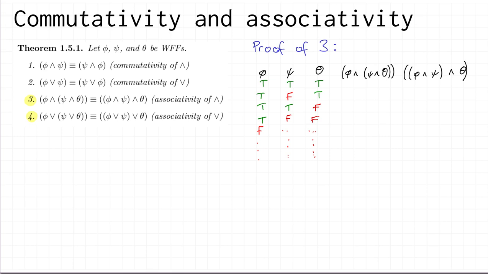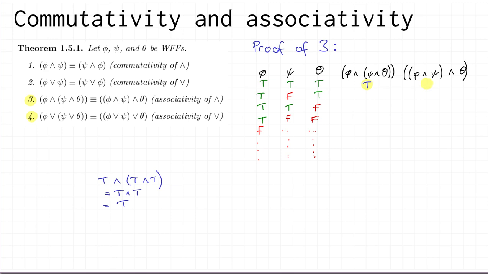So in the first, let's look at the entry which should be going just here. So if I work out this entry, what I have is true and true and true. Okay, true and true is true, so this is true and true, which is true, so that is what goes there. Okay, now let's look at what goes here.